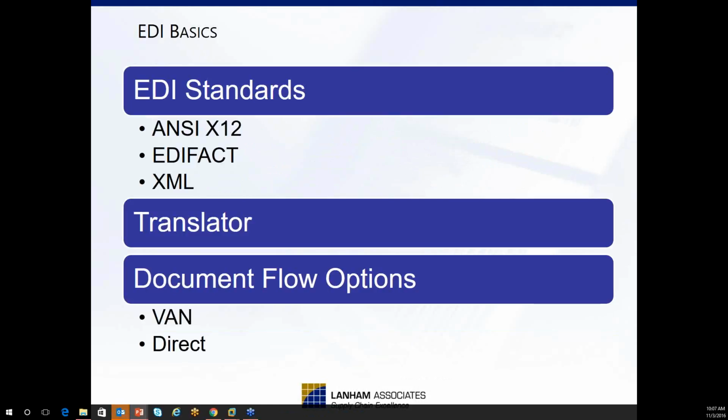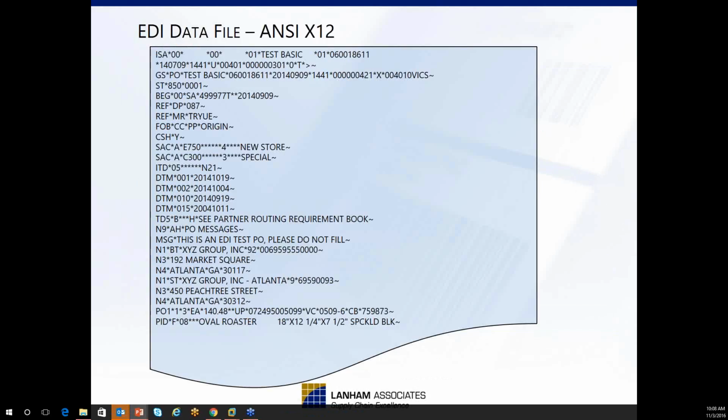And there are advantages of both. We're real fond of using the direct connection method for reasons which I'll cover in just a second. So these are the key elements that make up any EDI solution that we have to address, and we all pretty much have to manage these in different ways.